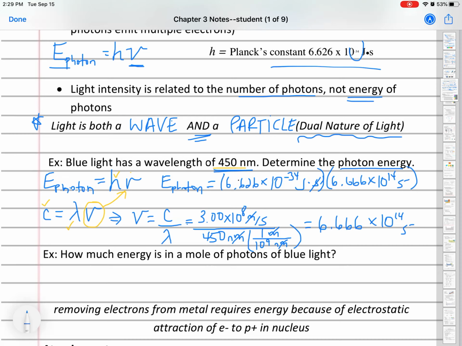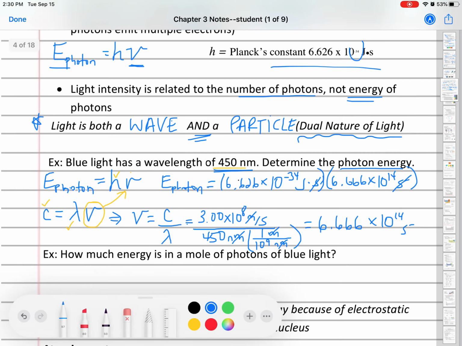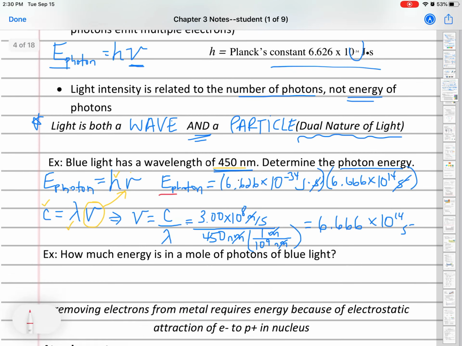All right, so our seconds and inverse seconds will cancel out, and we'll end up with joules, which is what we want our units to be since it's energy, and joules is the unit of energy. So times 6.626 EE negative 34.